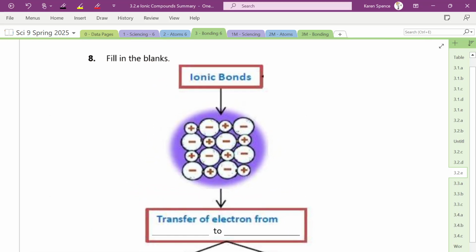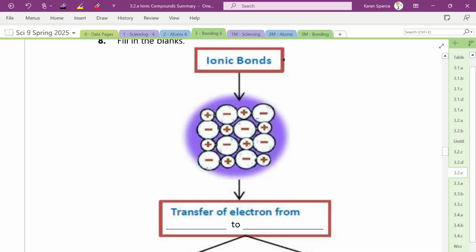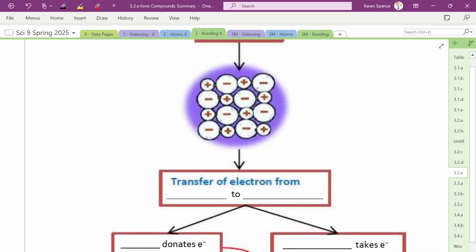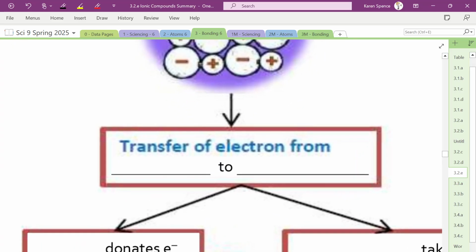All right, let's see if you can fill in the blanks on the next page. Ionic bonds. We have a transfer of electron from, how about you tell your partner, where does the electron come from and where does the electron go to?